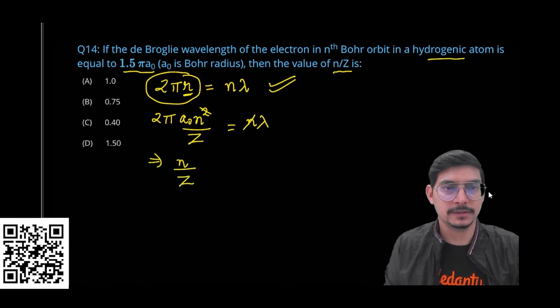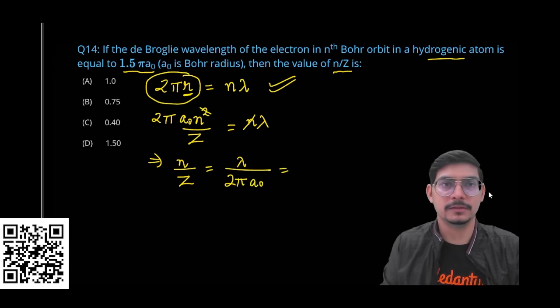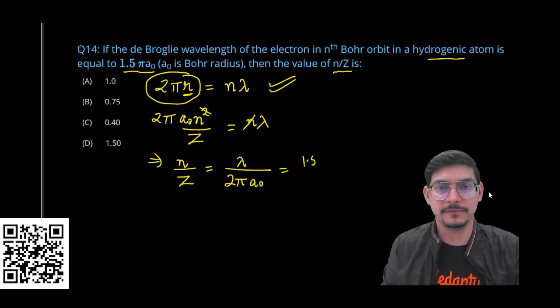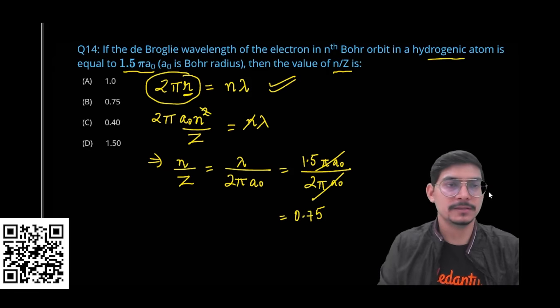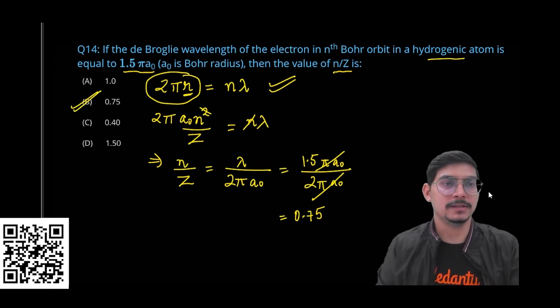So n by z is equal to lambda divided by 2 pi a naught. But in the question it is mentioned that the de Broglie wavelength itself is 1.5 pi a naught. So dividing it by 2 pi a naught, pi a naught is cancelled, and 1.5 divided by 2 equals 0.75. So the value of n by z is 0.75. This is the correct answer, option B.